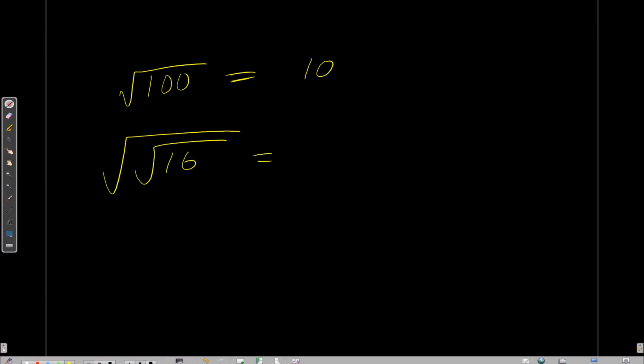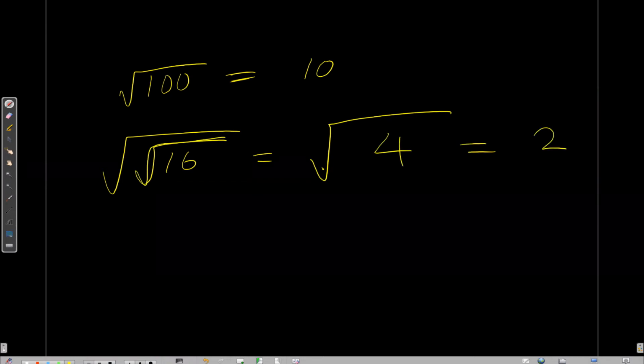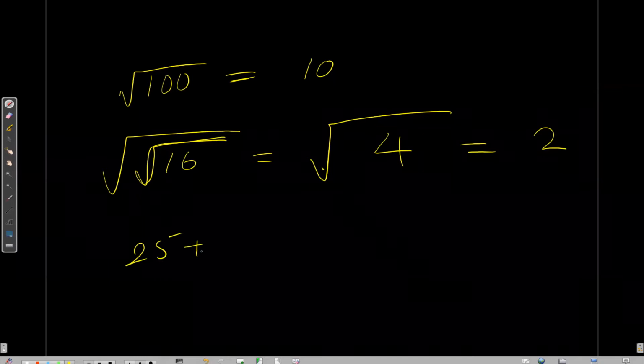Now let's have a look at simplifying some radical expressions. Well, you have to be a little bit good with numbers. This is 10. And how about this? Well, inside the first one, that's 4. And this 2, right? And how about this 20?